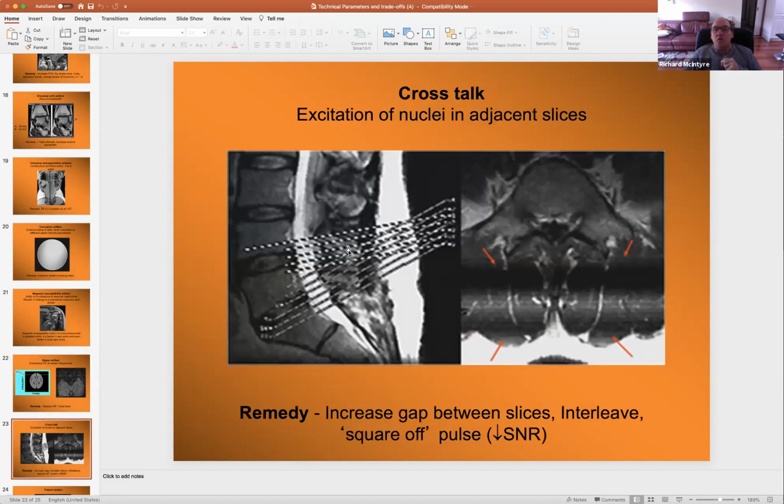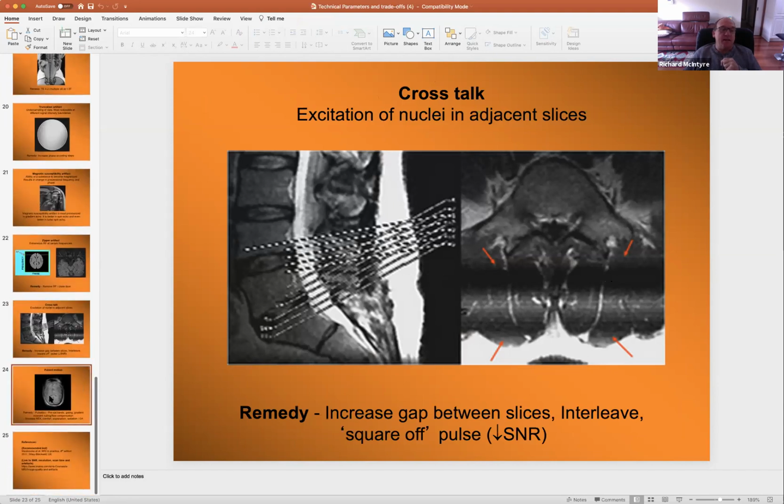We've got crosstalk here, so frequencies here are the same. These frequencies here are being flipped different to what's flipped up here. So of course these spins are going to be at a different orientation throughout this.